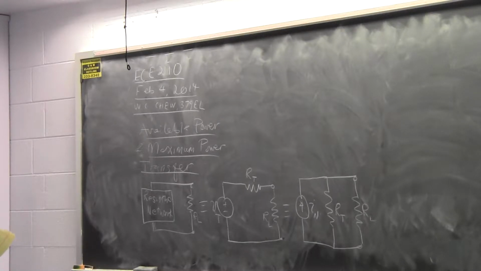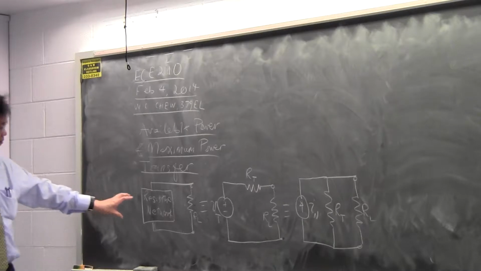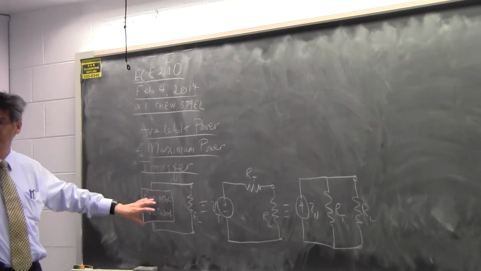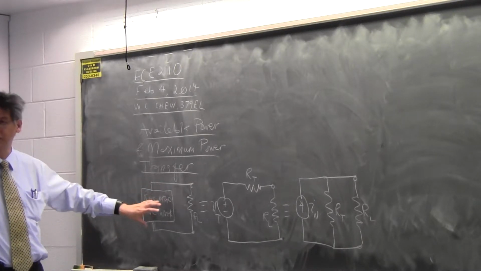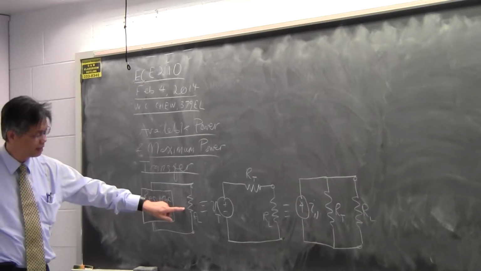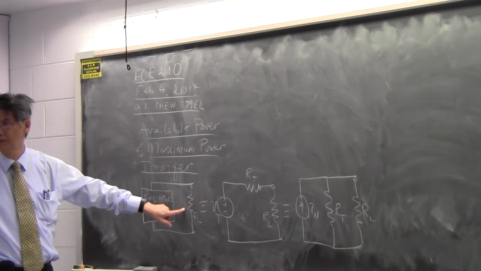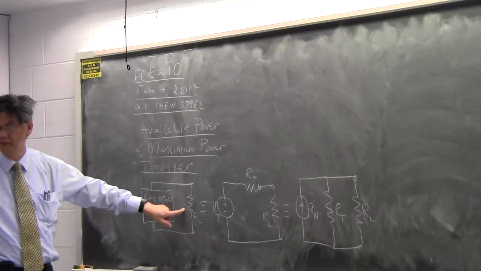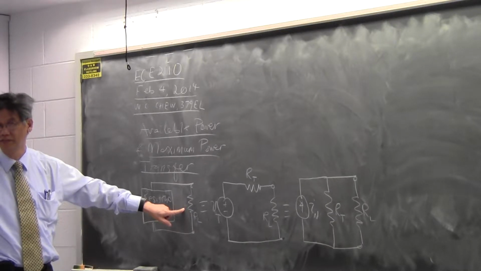And you like your loudspeaker to play as loud as possible. What kind of resistance should your loudspeaker have? That is, if this is a source network with some independent sources of current in it, you like as much power to go into your resistive load, like your earphone, your loudspeaker.